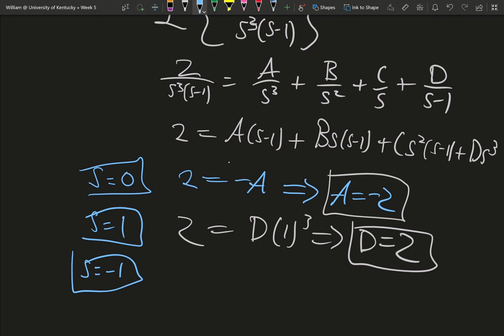We can plug in negative 1. 2 equals negative 2 times negative 1 times 1, so that's negative 2.